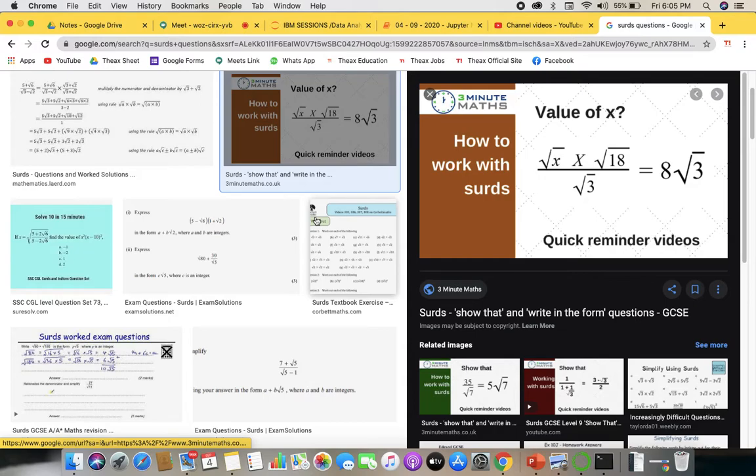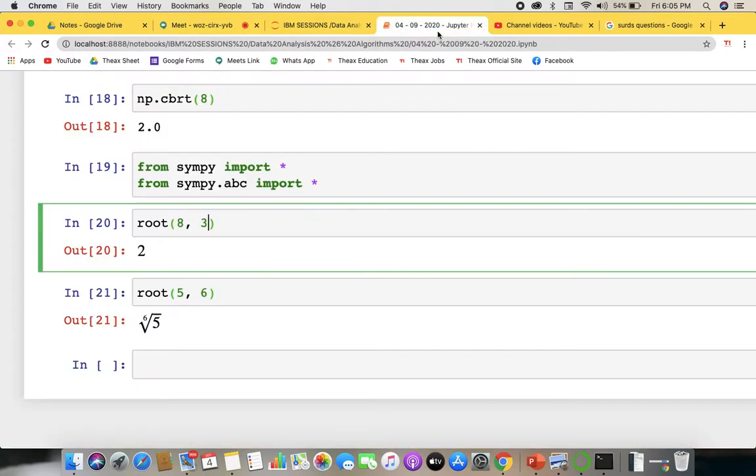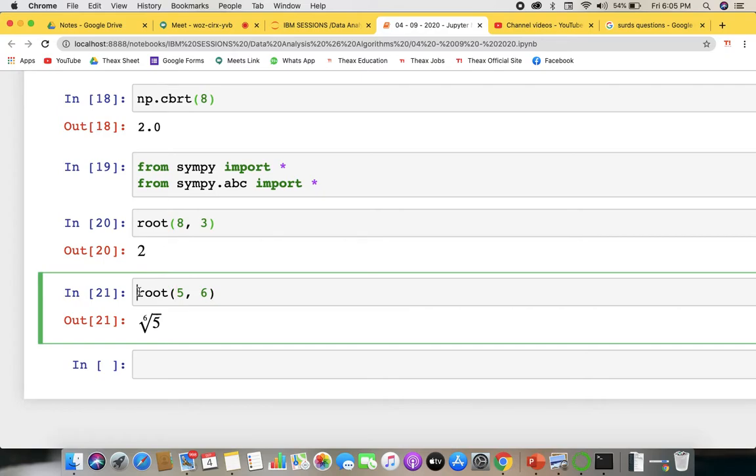So 3 root 2 x by root 3, rationalize, equals 8 root 3. So root 3 into root 3 is 3, 8 times 9 is 72. So 3 root 2 x equals 72. Nice, quick questions.